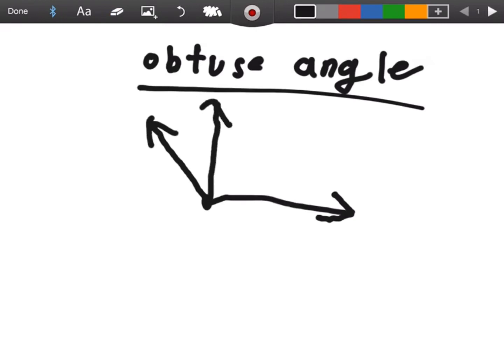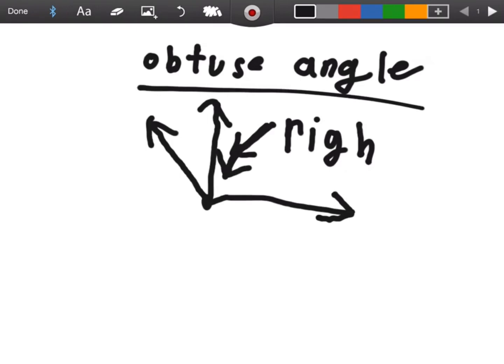Now look carefully. One of these is a right angle, but the obtuse angle is actually bigger. Right there, that's a right angle. And now, as you guys can see, the obtuse angle is bigger.